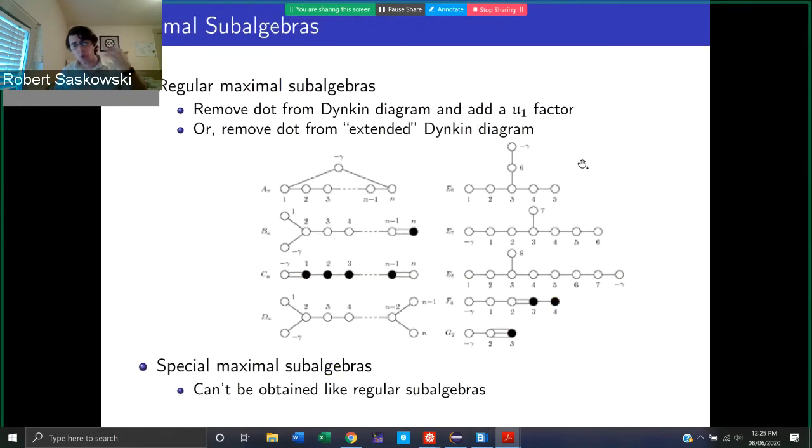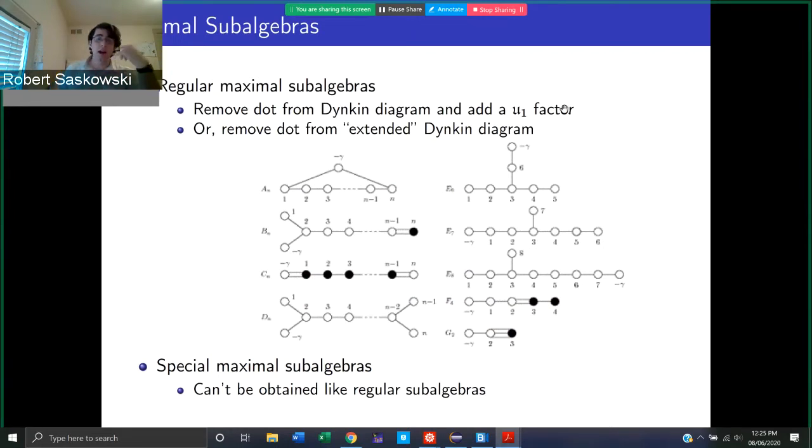Now, once we have the Dynkin diagrams, there's a simple procedure for getting maximal subalgebras. Now, there's two kinds of maximal subalgebras. The first is regular subalgebras. These, in some sense, are just defined to be subalgebras which are easy to obtain. So we can either obtain non-semi-simple regular subalgebras or semi-simple subalgebras.